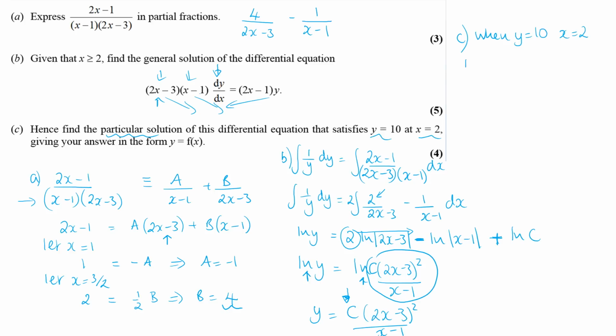So subbing that in, 10 is equal to our c, and then when x is 2, double 2 is 4, 4 minus 3, and then square it is going to be 1, so that's just still c. And then the bottom, when x is 2, 2 minus 1 is still 1, so this tells us that c is equal to 10. So the particular solution is that y is equal to 10 times 2x minus 3 all squared all over the x minus 1.